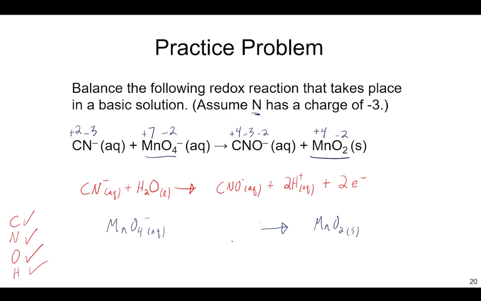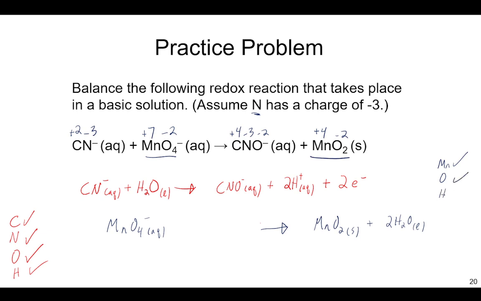Okay, again, leaving lots of space here because I know I might need coefficients here and I know I might be adding stuff here. Okay, let's balance the manganese first. Done, 1 on each side. Let's balance the oxygen next. 4 on the left, 2 on the right. So I better add 2 waters to the right.